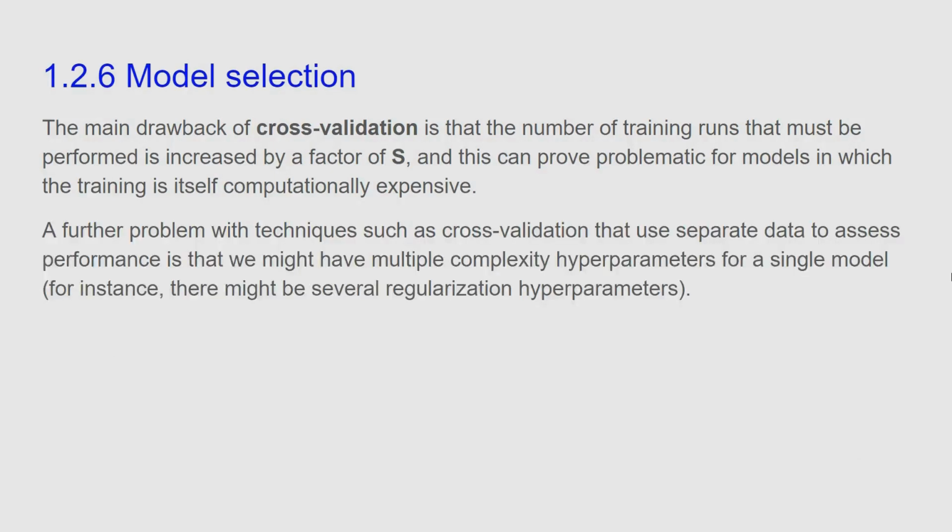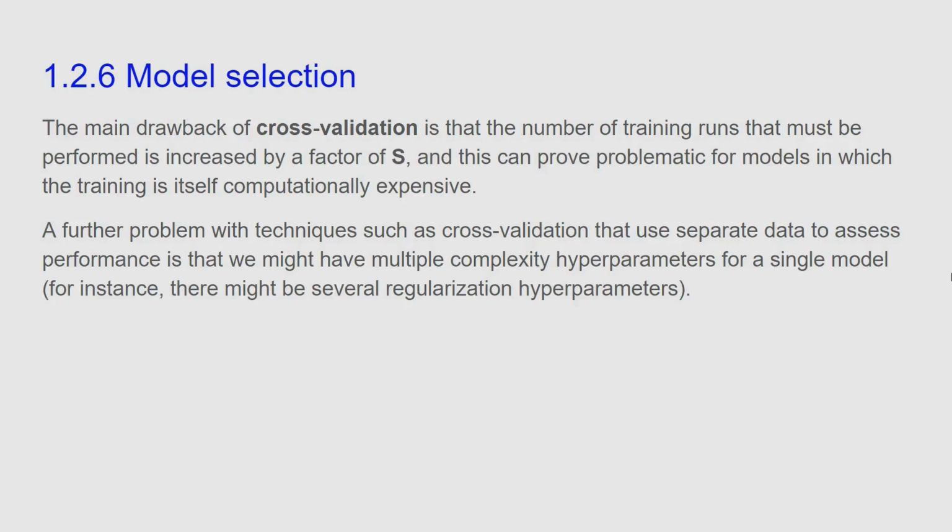A further problem with techniques such as cross-validation that use separate data to assess performance is that we might have multiple complexity hyperparameters for a single model, for instance.